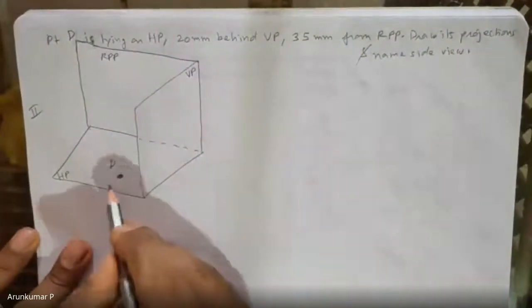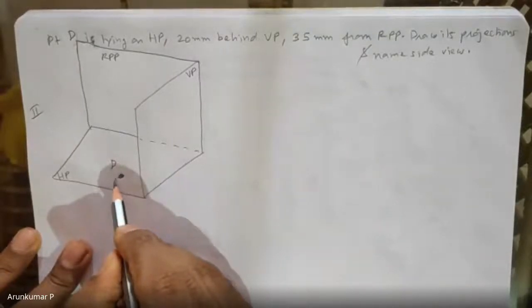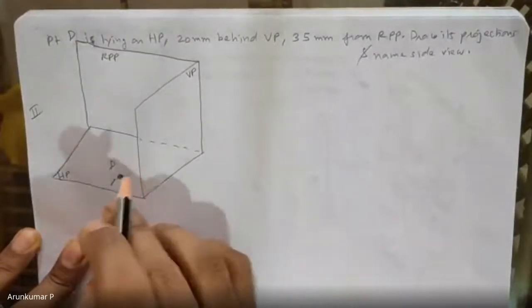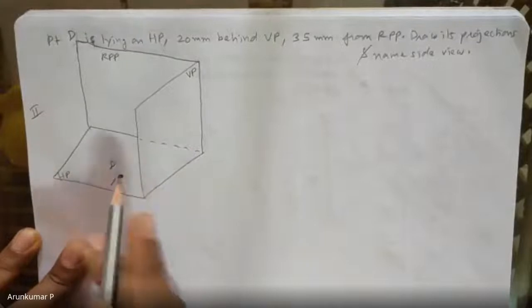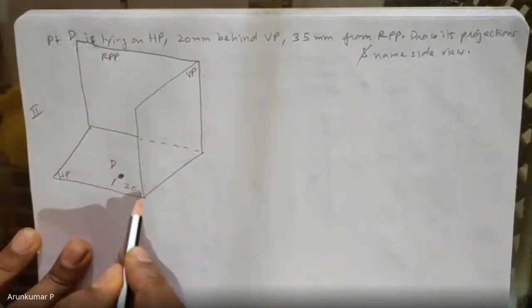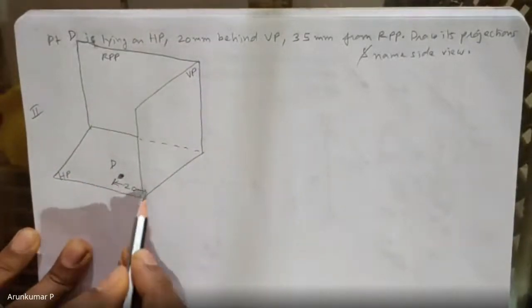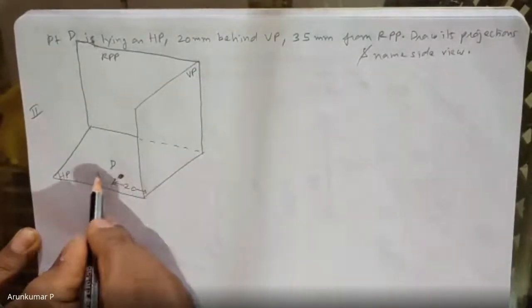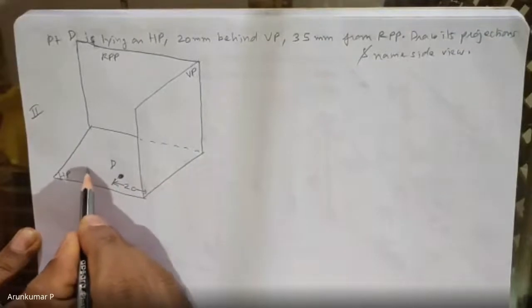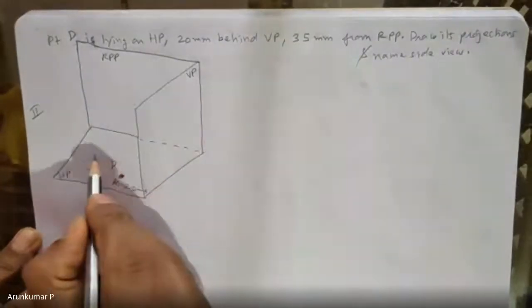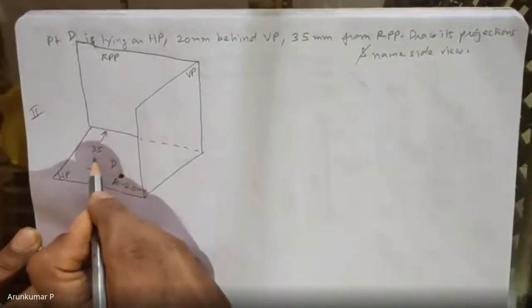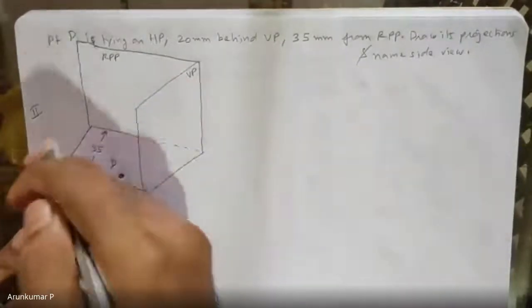This point D is on HP. That means it is in HP. It is touching HP. It is 20 mm behind VP. It is 35 mm from RPP.